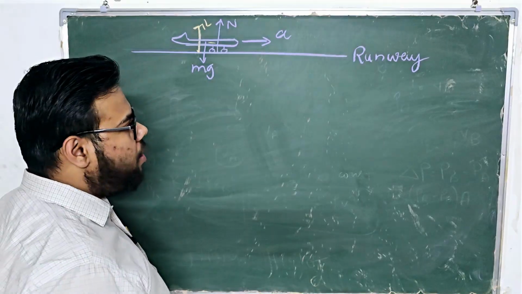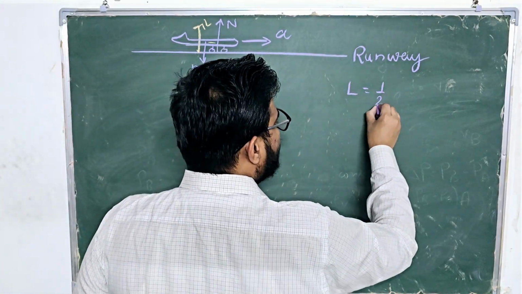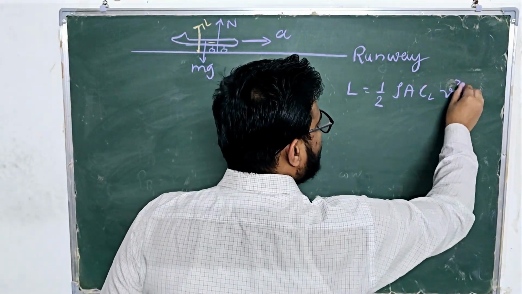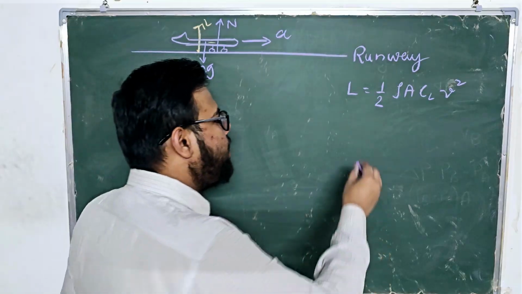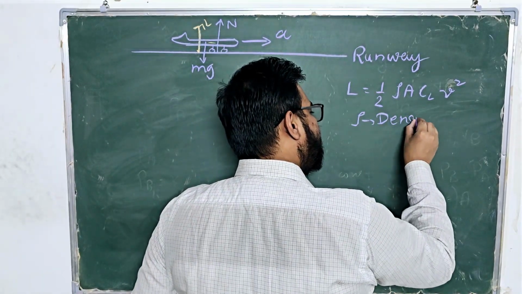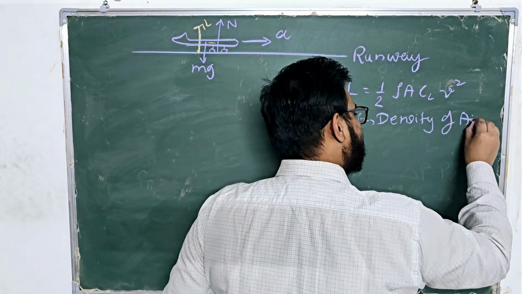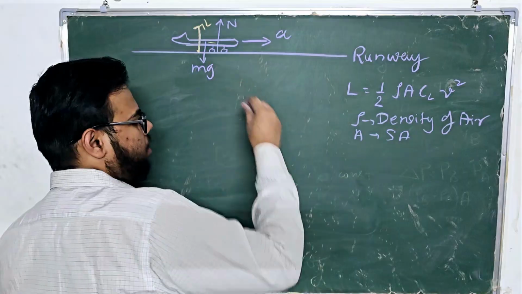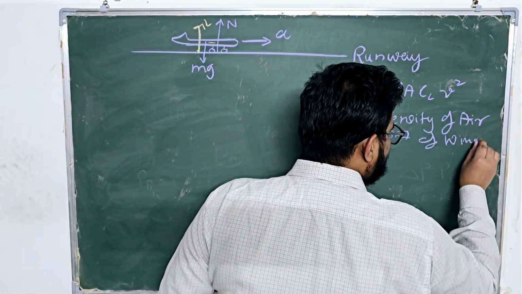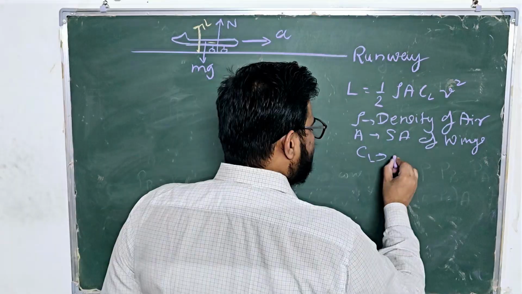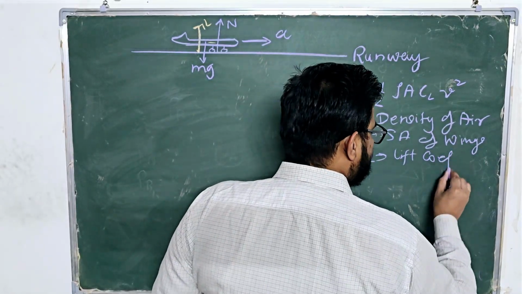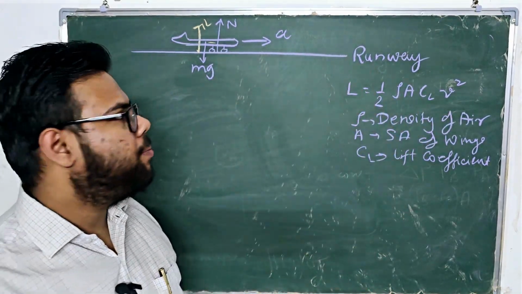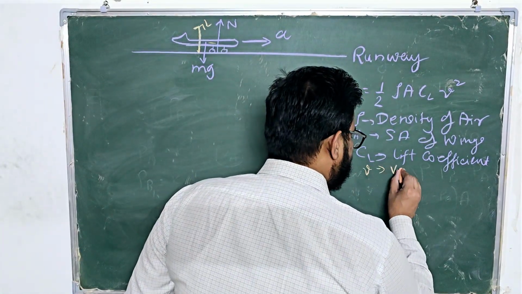Lift force is given as half rho A CL V square, where rho is the density of air, A is the surface area of the wings, CL is the lift coefficient, and V is the velocity.